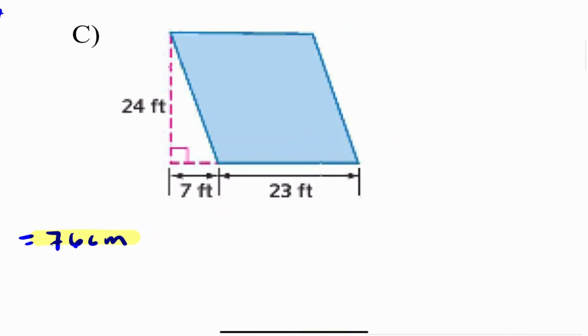All right, let's take a look at C. I need to figure out the perimeter and area of the parallelogram, the solid lines here. The dashed lines will help us figure out a certain part, but that's not included with the figure. This is what I'm trying to figure out.